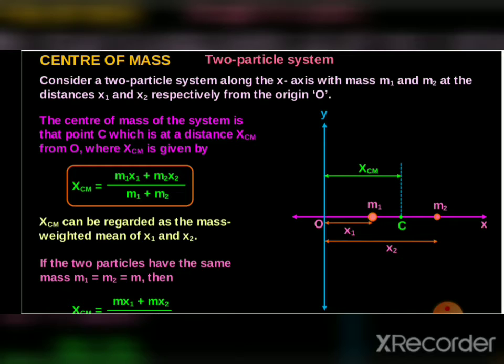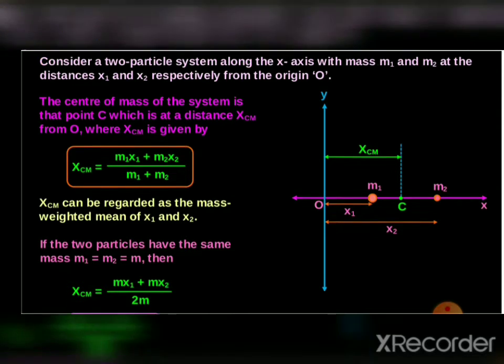So you can write the center of mass as x equal to m1 x1 plus m2 x2 upon m1 plus m2. That x can be regarded as the mass-weighted mean of x1 and x2. Okay, so that's the center of mass for two particles.